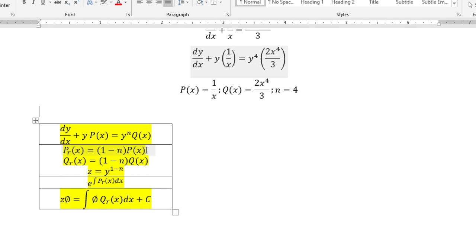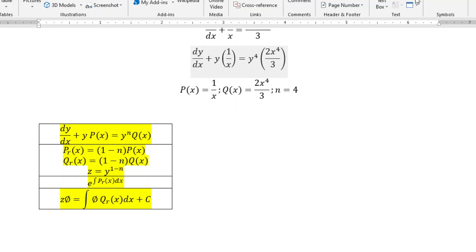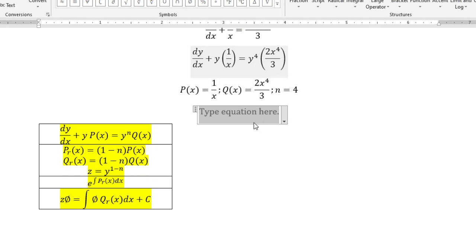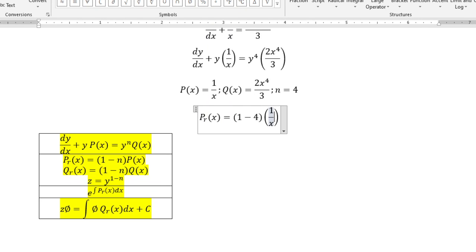Kailangan natin ng PR of x. So, PR of x will be equal to 1 minus 4, which is negative 3, times p of x, 1 over x. So, equal lang yan sa negative 3 over x.